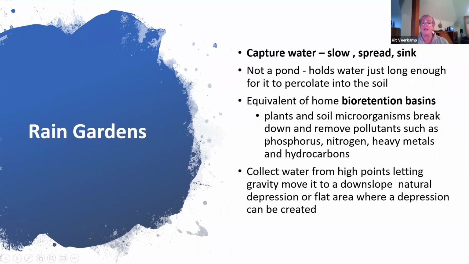They have found that the plants and the microorganisms in the soil will break down the pollutants and help reduce all of that waste going into creeks and downriver and then out to the ocean. So collecting water from your high points and moving it down to depressions on your own property and then allowing it to sink in where possible is a great way to help your own soil, the moisture capacity in your soil.